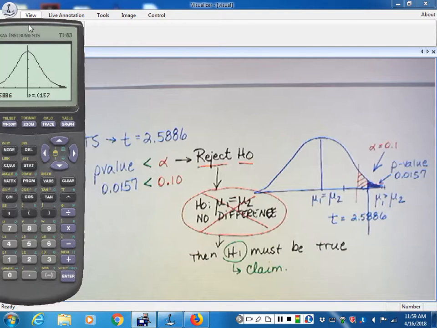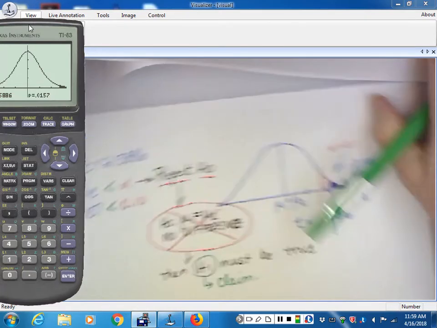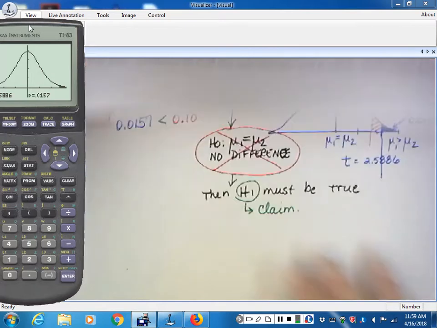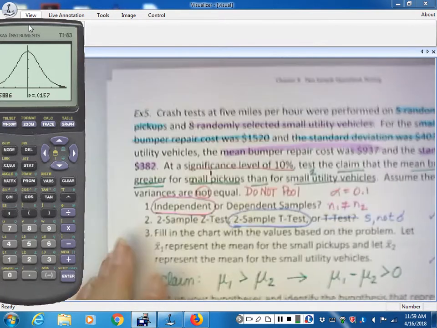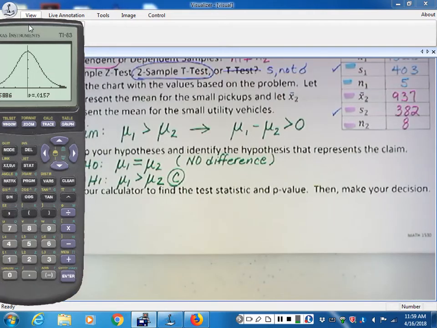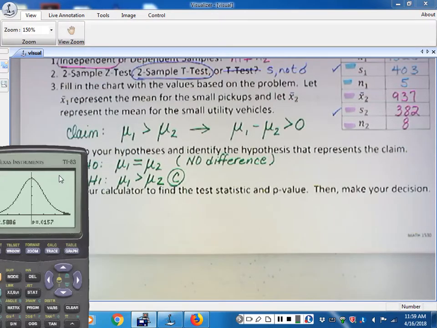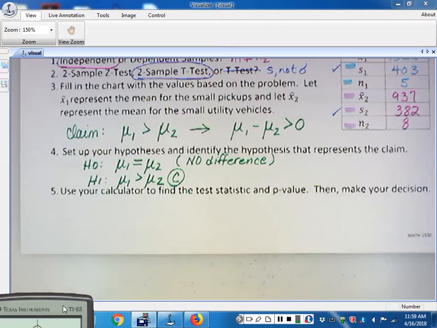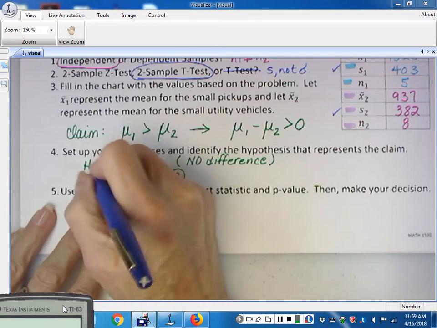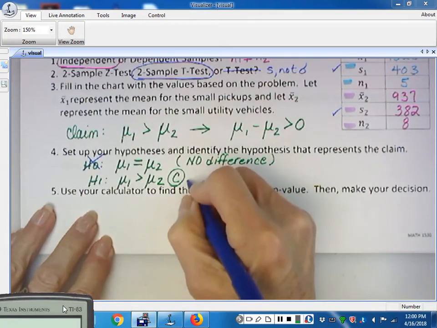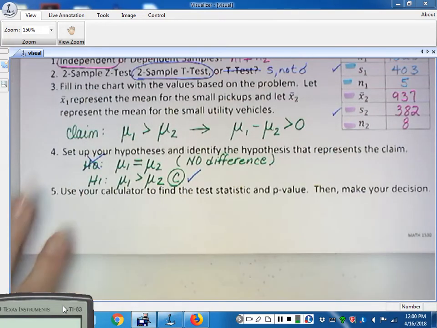So we've made our decision. And all we have to do is go back and write a sentence that explains what the decision was. So our decision says that we rejected H0, we supported the claim.